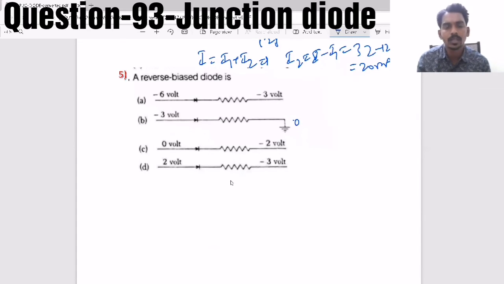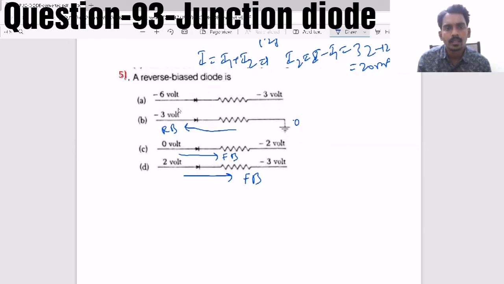This is 2 volt, this is minus 3 volt. So here the potential is higher at this one, so the current will flow from here to here. So forward bias. Here 0 minus 2, this is also the same thing, forward bias. Now here minus 3 is 0, so the current will flow from high potential to low potential, reverse bias.